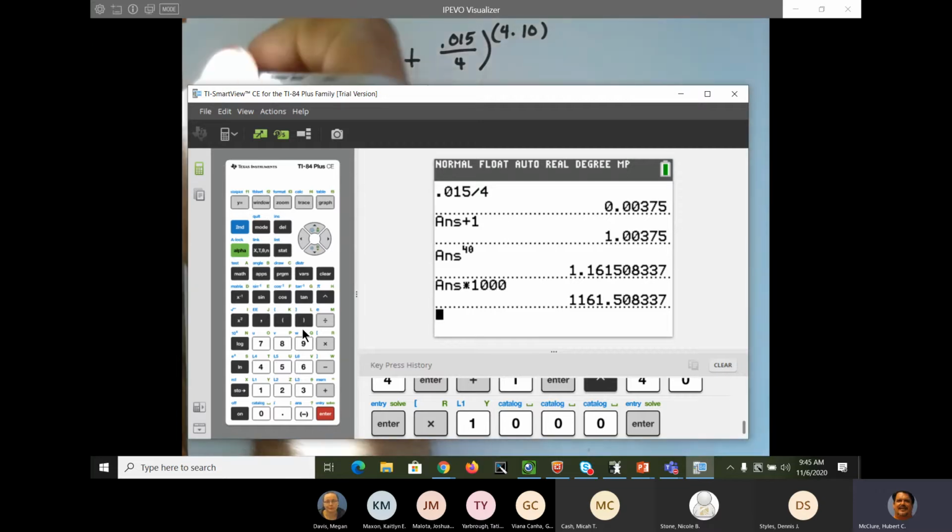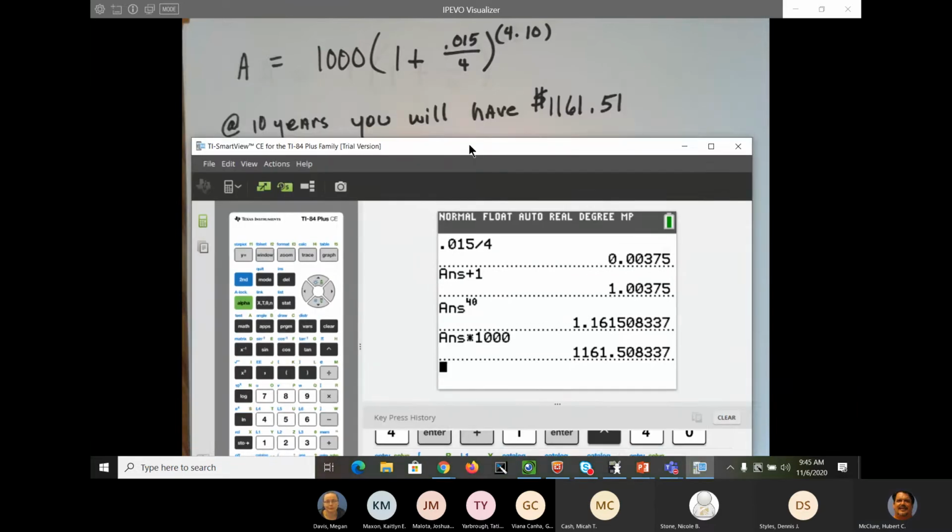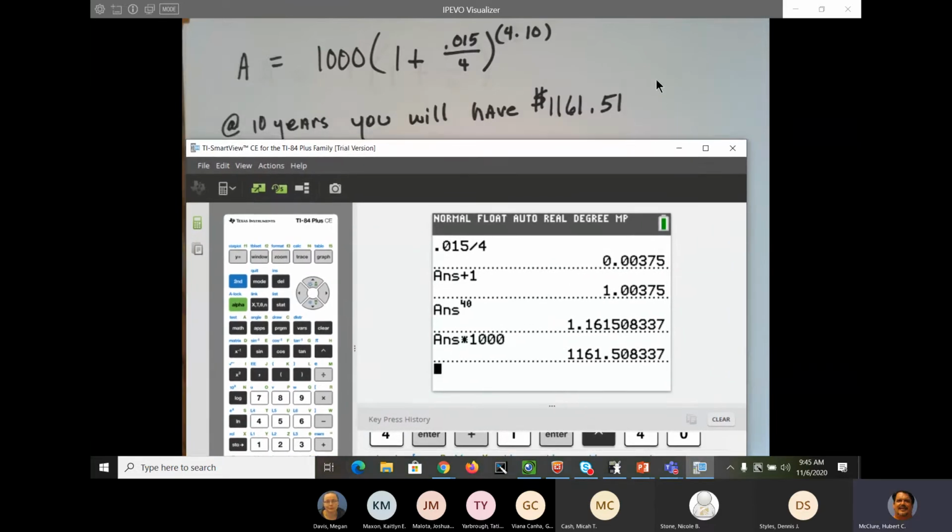At the end of 10 years, you will have 1161.51 in the bank, and you hadn't even touched it. Okay, that's the way interest works. So that is a test question on compound interest.